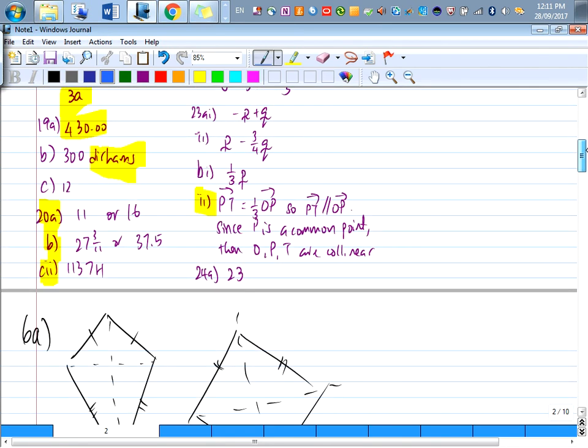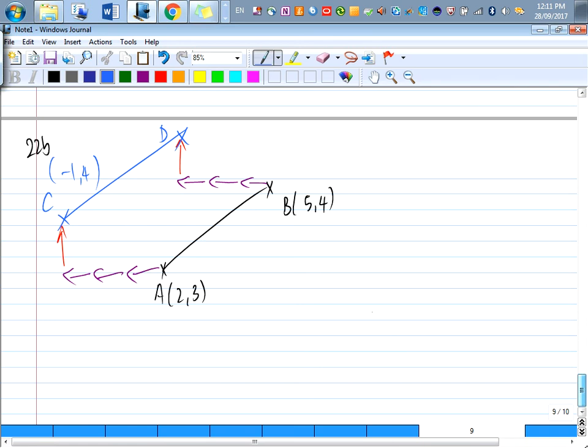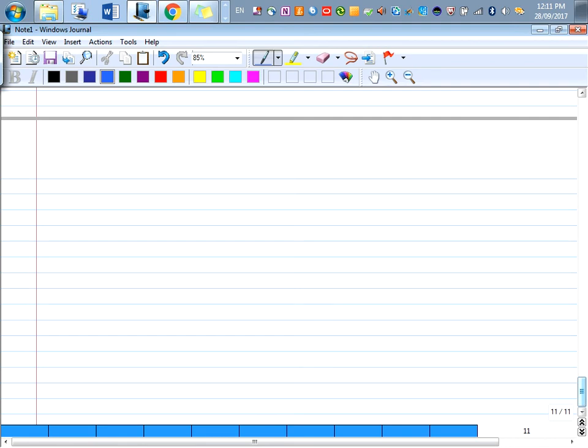Finally, 23B part 2. In your O levels, I don't think they will just give you 1 mark to conclude about these 3 points, O, P, and T. Reason is because I know you know that they are supposed to be collinear, but how do you justify it?